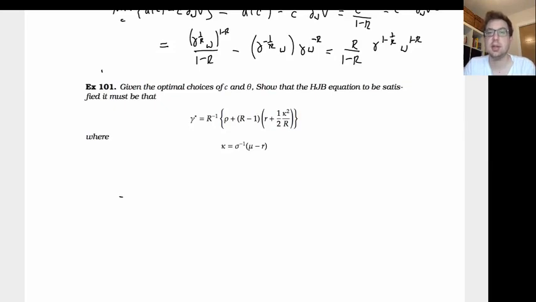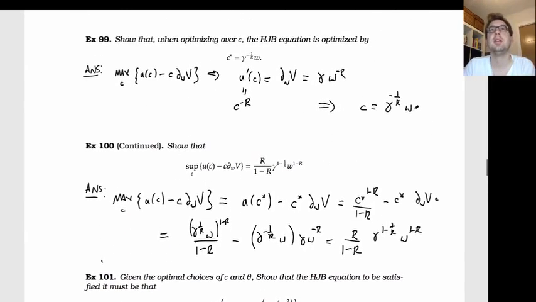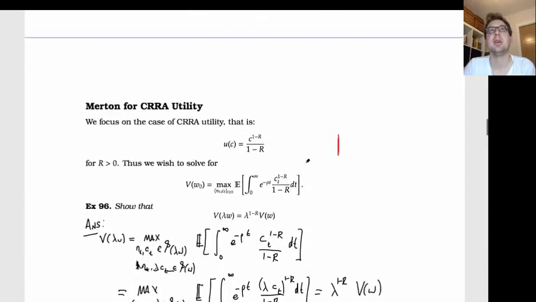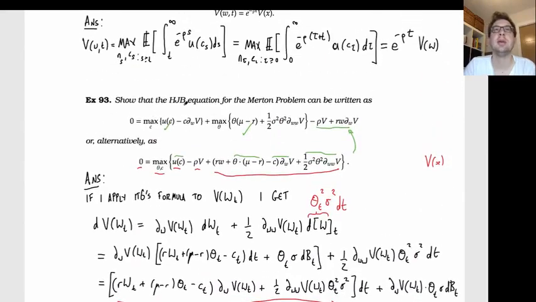So what do I really want you to do here? I'll give you a big hint as to how to solve this question. I essentially want you to substitute this into the HJB equation where it's supposed to go.